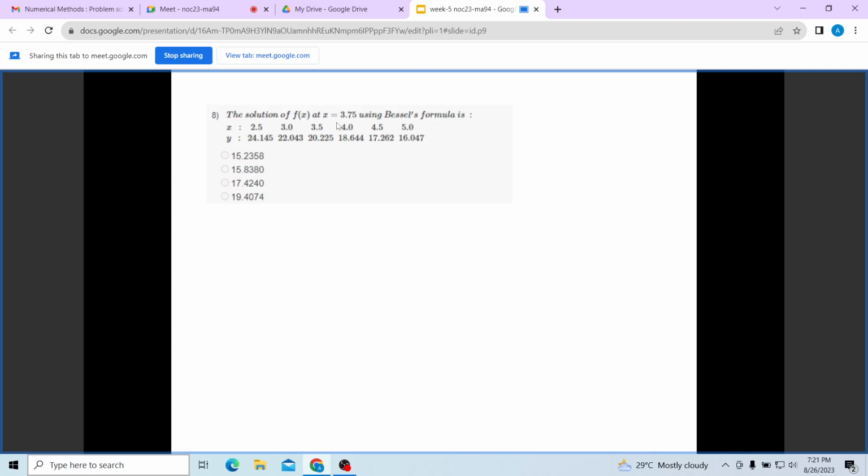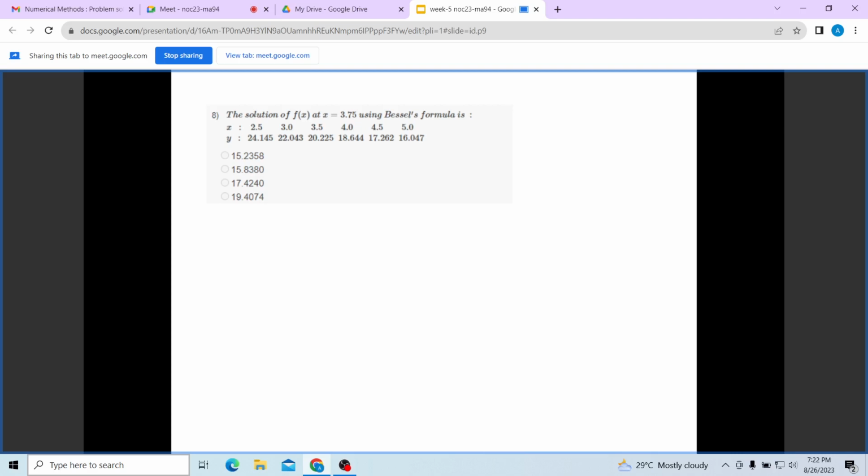Use Bessel's formula and calculate the value, and tell me what you are getting. So which option you are getting?